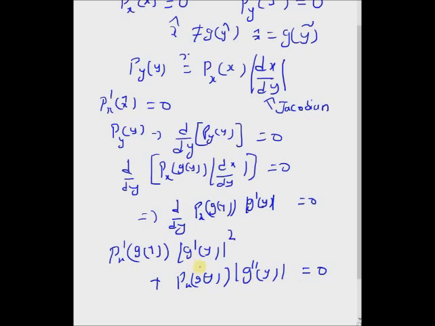So it clearly shows that at y hat, the value of this function is 0, but px dash of g of y hat is not equal to 0.